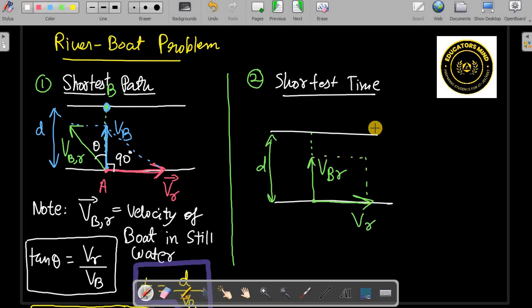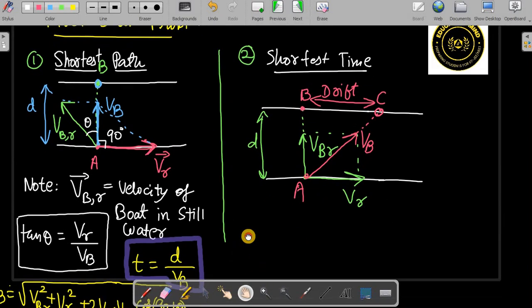When you add, this will be the resultant velocity vector of the boat. That means the person, when he starts at A, will not reach B, he will reach some point C. This is called drift. So the drift can also be calculated here, okay.